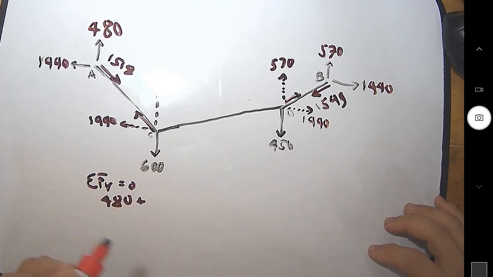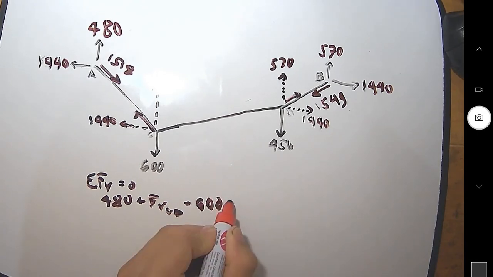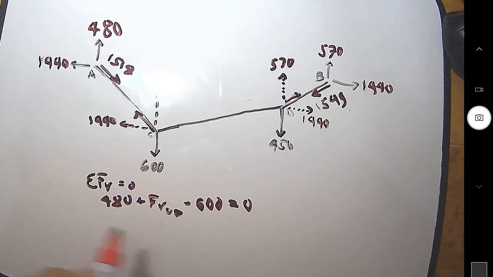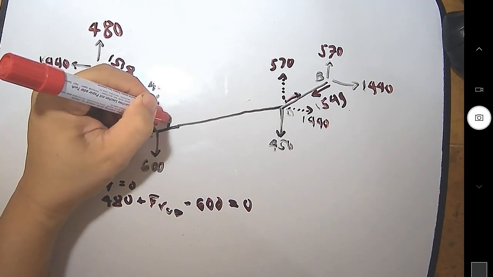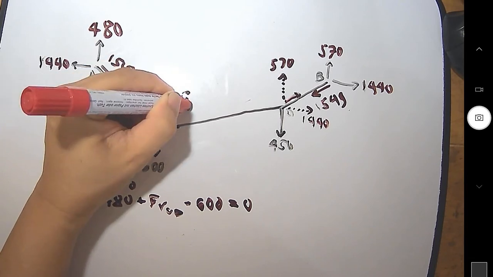480 plus FV para sa CD minus 600 is equal to 0. Yang FVCD, this is vertical force at section CD. Ito yon. Okay, so that is FVCD.